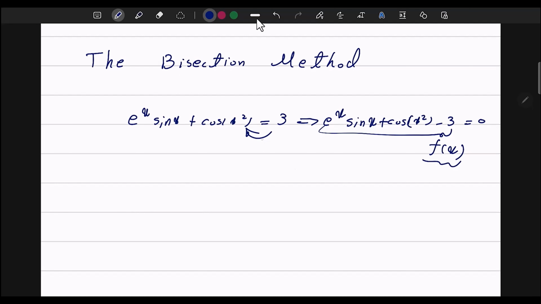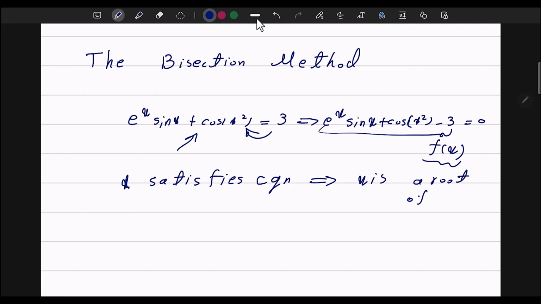Because if x satisfies this equation, then x is a root of f. And conversely, if x is a root of f, we could go to the other side and you would know that x in fact satisfies the equation.